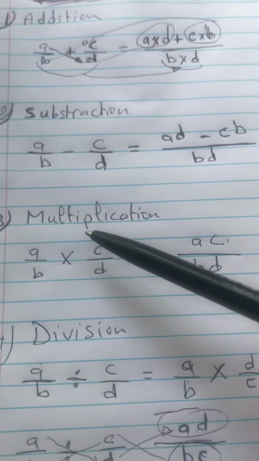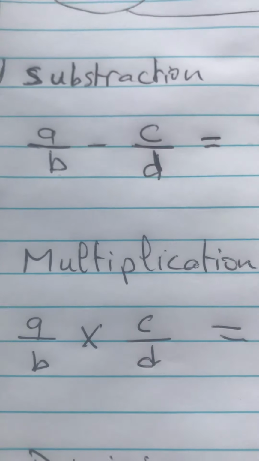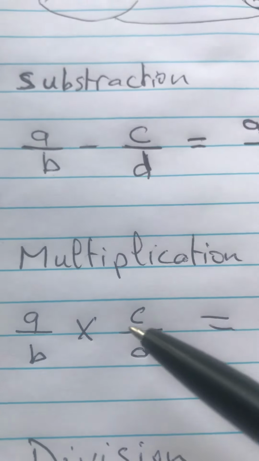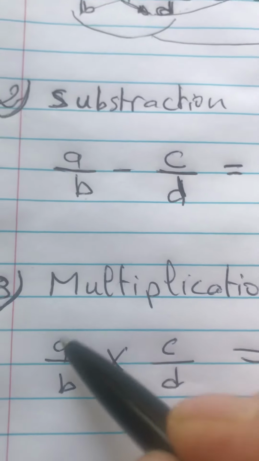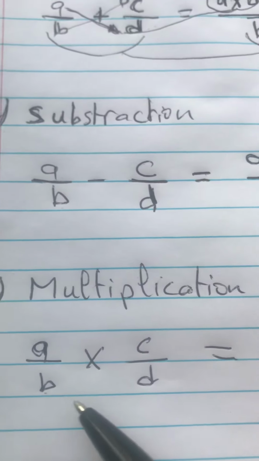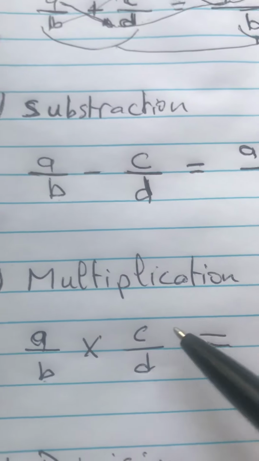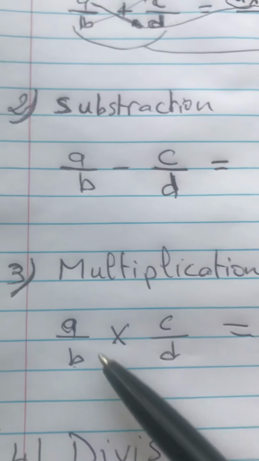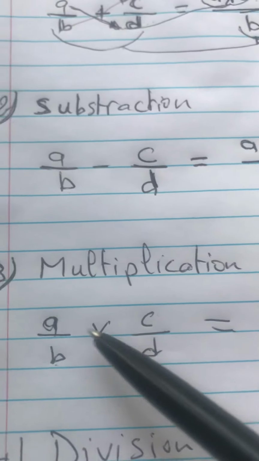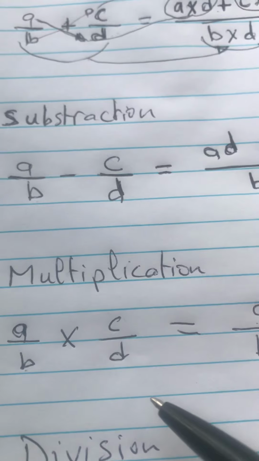Multiplication is much easier. To multiply two fractions, let's say a over b multiplied by c over d, a fraction times another fraction. As we know, you can replace these letters with numbers.